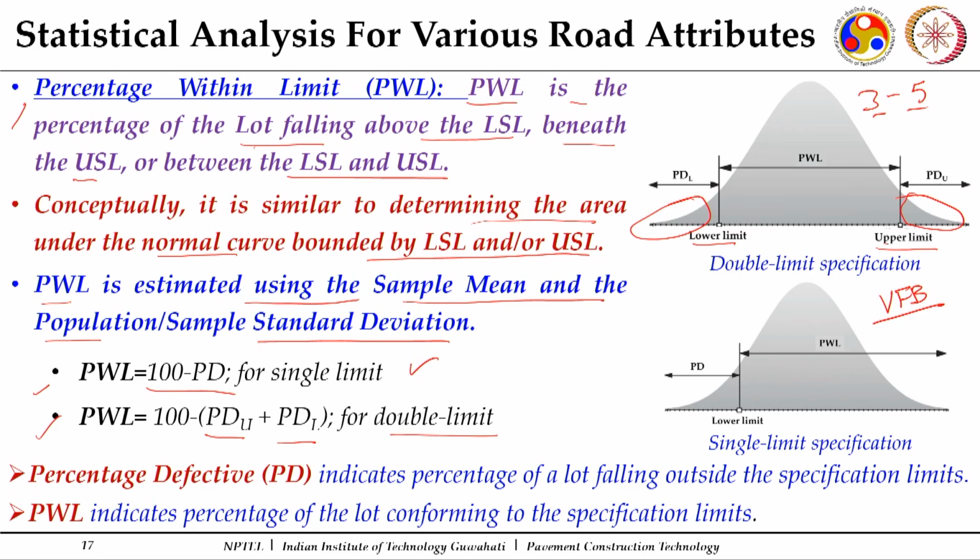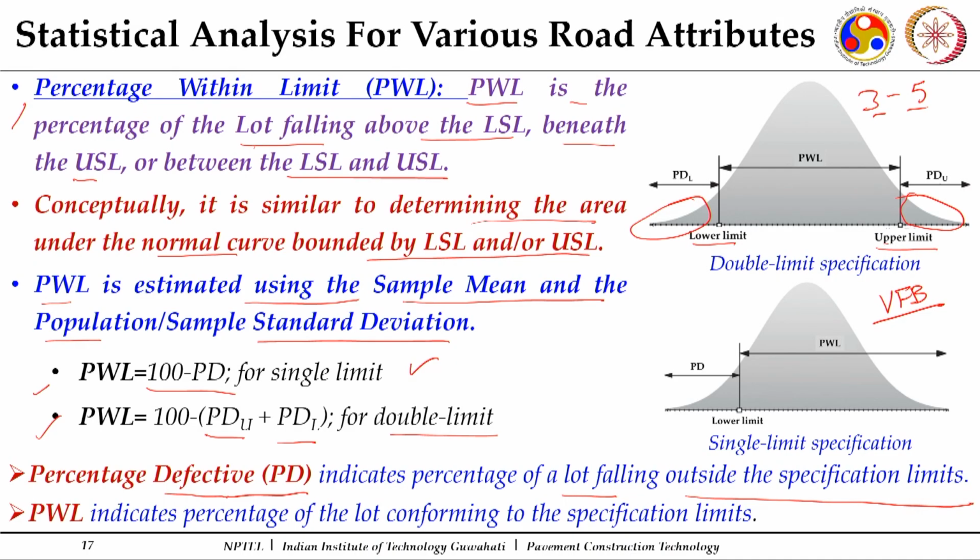Now, on the basis of this particular one, we get the percentage defective. So, what is the percentage which is lying outside indicates the percentage of lot falling outside the specification limits. So, you can fix that I require only 5% of my results to fall out of my specification limits.